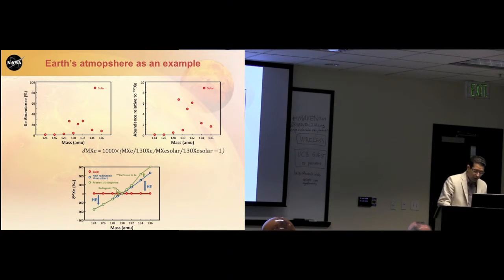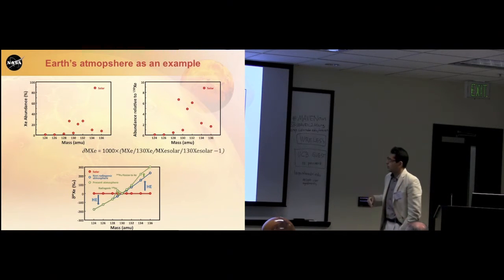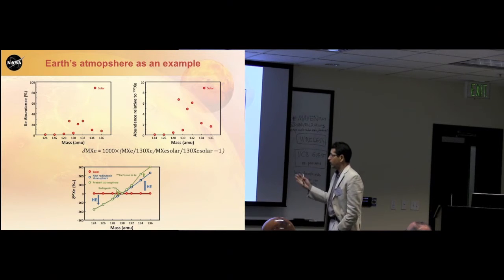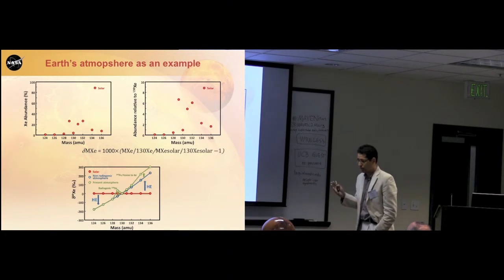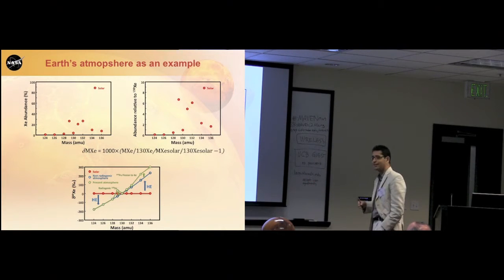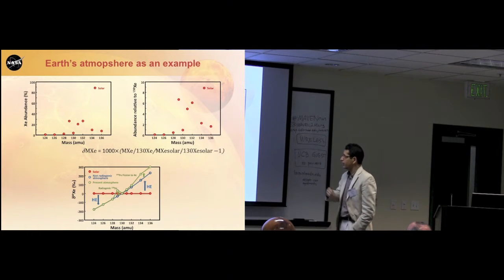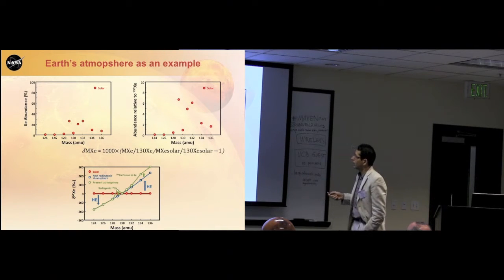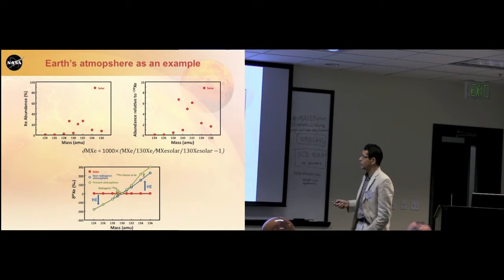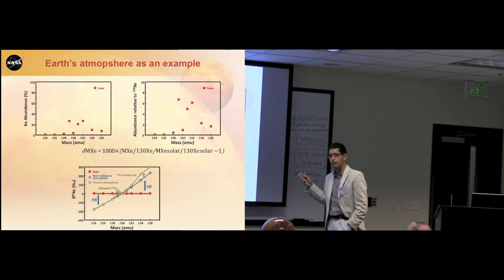Then, and that's how we quantify the effect of a process, we look at the delta, the variation of this abundance relative to xenon-130 from the solar values. We express that in parts per thousand, or what we call per mil.